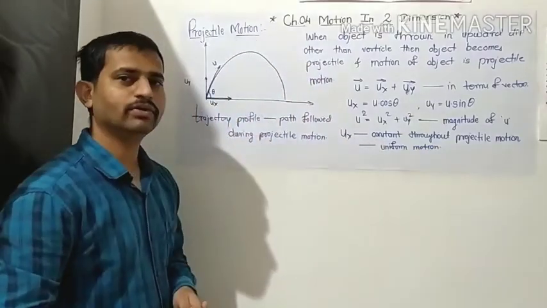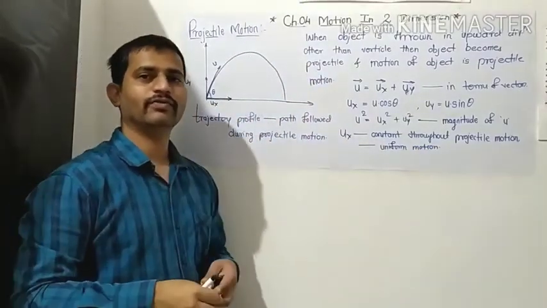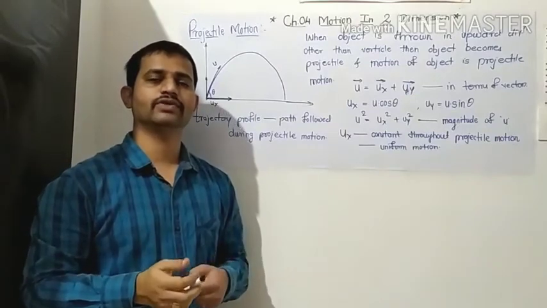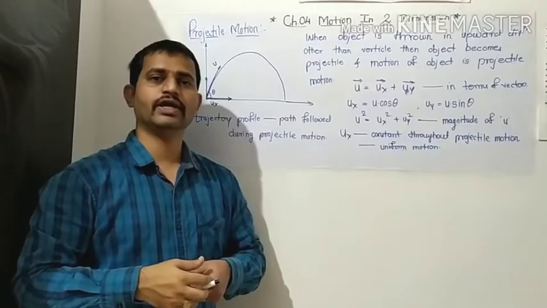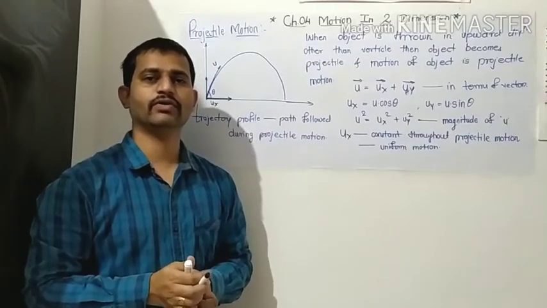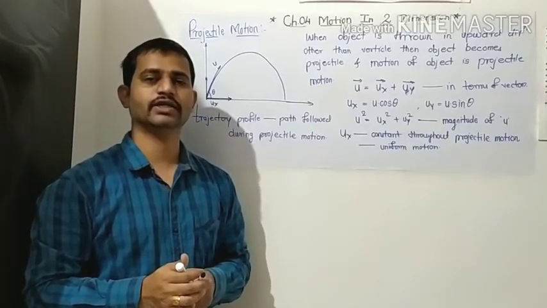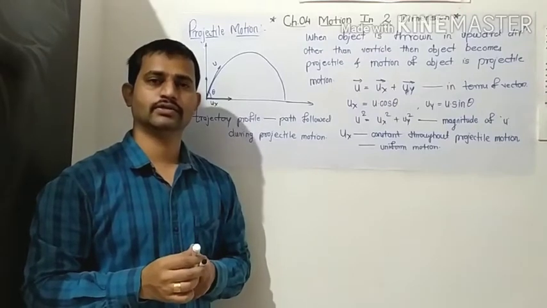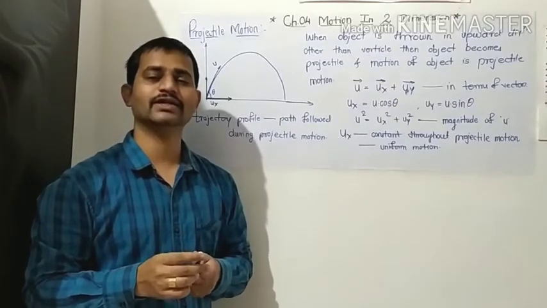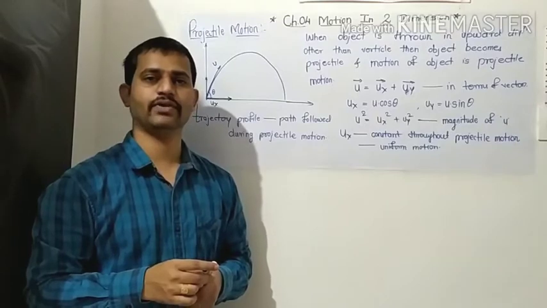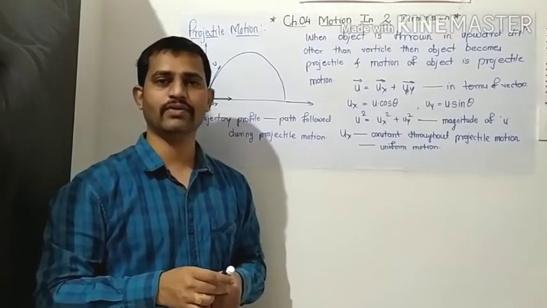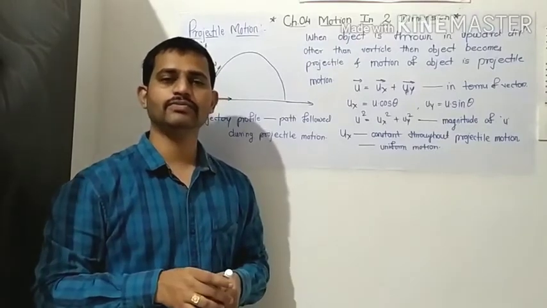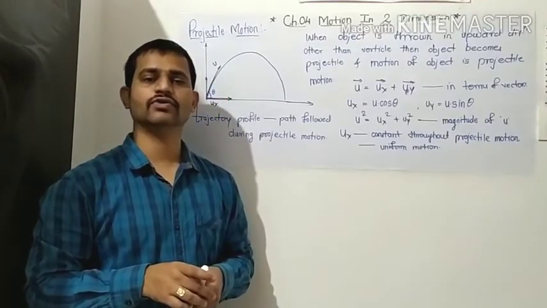Now if we think about the second component of the velocity, that is uy, the velocity component in the vertical direction, we come to know that this component is under the action of the acceleration due to gravity. It is the motion of an object under the force of gravity.